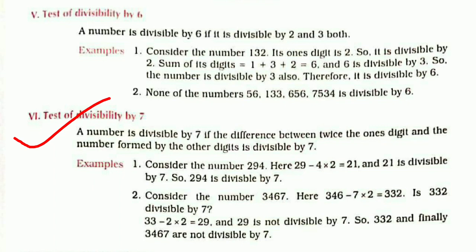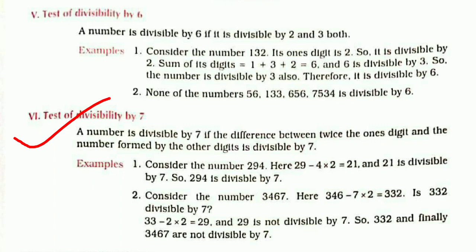Consider the number 294. Here 29 minus 4 into 2, because we are making the last digit double, and then we subtract it from 29. The answer will be 21. And 21 is divisible by 7, so this whole number will divide by 7.